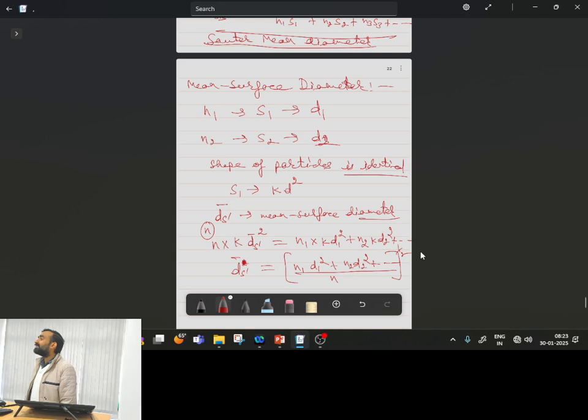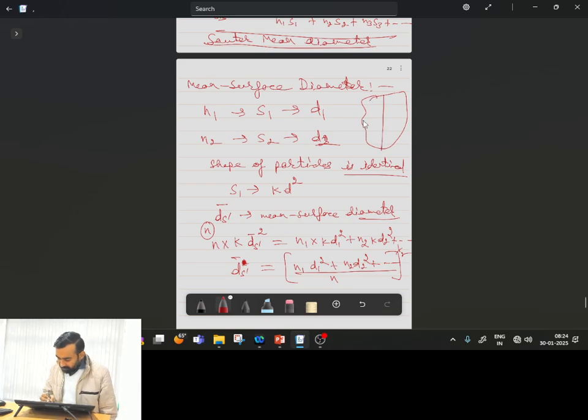Shape of particle is identical, not spherical. Over here I am not saying the diameter, I am saying size. So size means whenever you have different random types of shape, then we use some parameters to characterize its size.